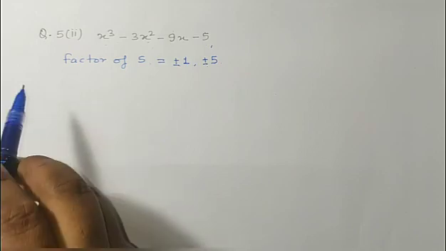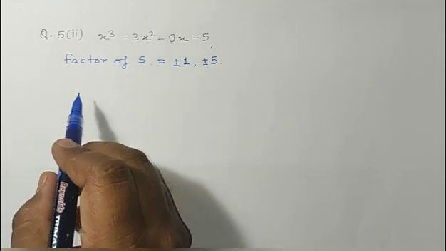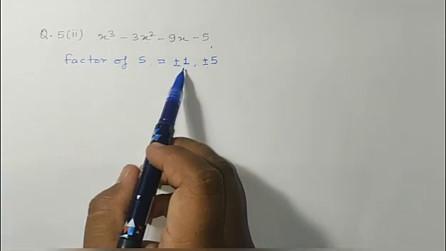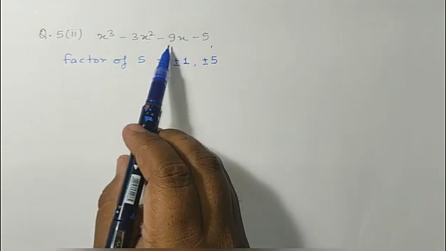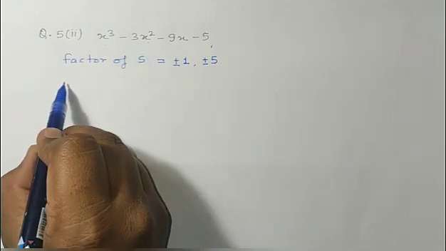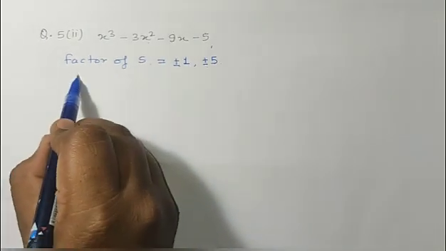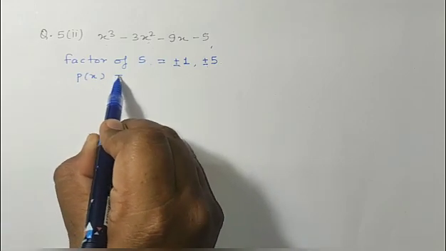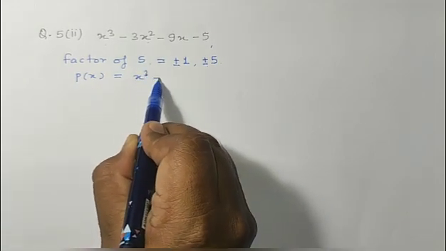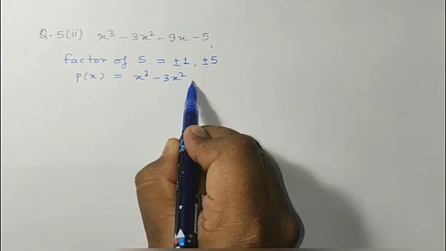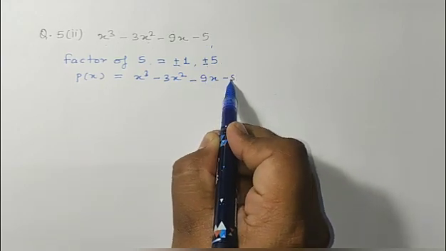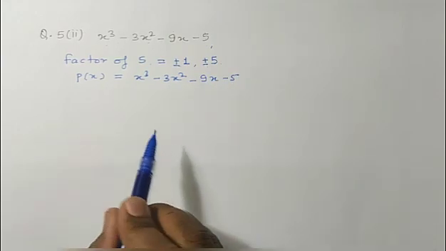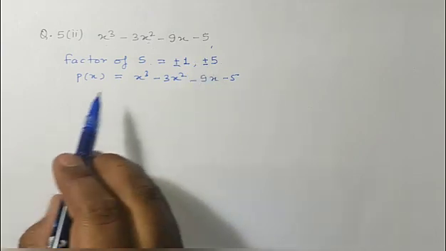It means we are going to check on which value this polynomial becomes 0. Suppose this polynomial is p(x) equal to x cube minus 3x square minus 9x minus 5.